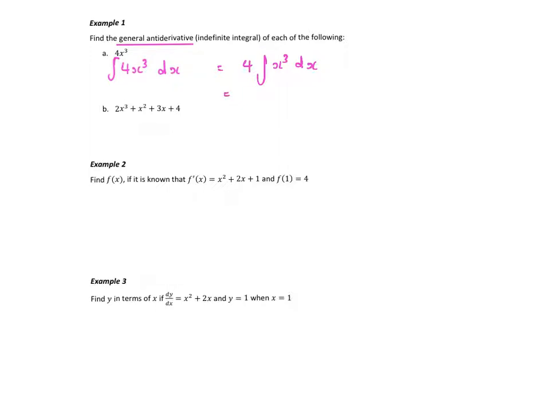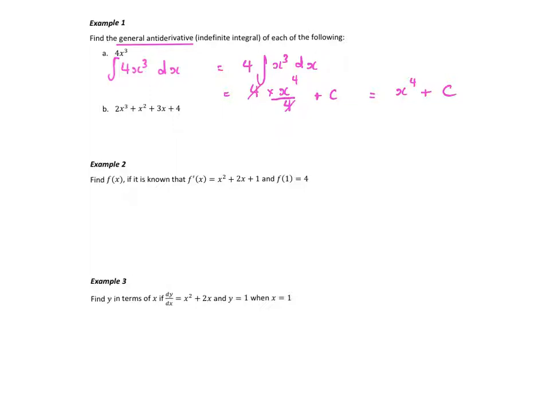And what do we know? We have to increase that power by 1 and divide by that power. So it's 4 times x to the power of 4 divided by 4 plus c. All right, and so therefore the 4's cancel out and you're left with x to the power of 4 plus c.